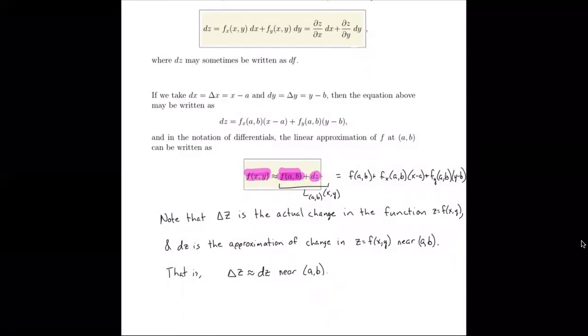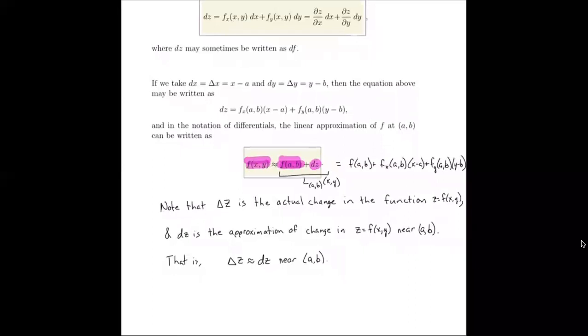And dz, with those choices we made above, is equal to this. With the partials evaluated at (a, b), this is exactly dz at the point (a, b). Essentially it's our change, or increment in z, away from the point (a, b). And these things are approximate.